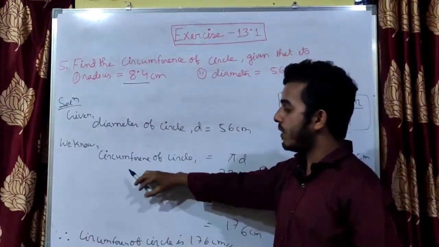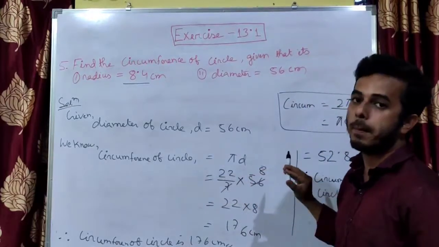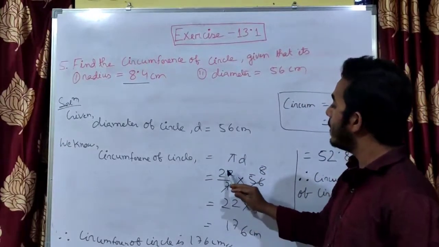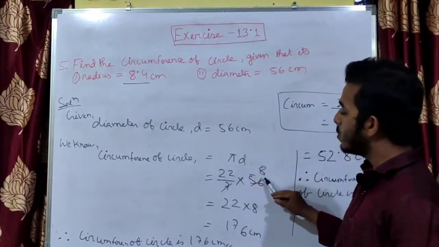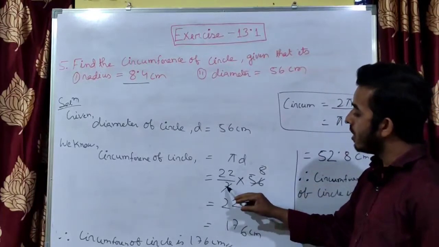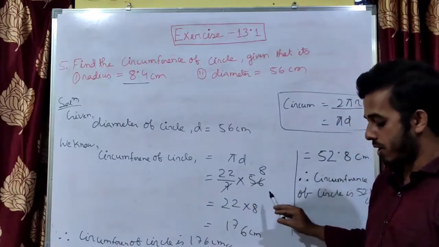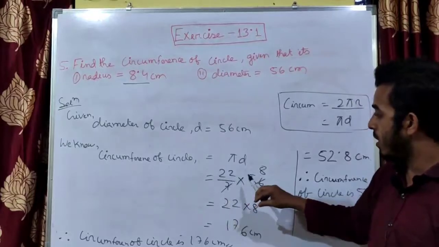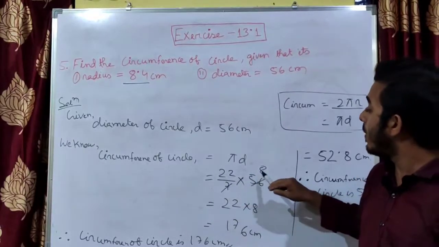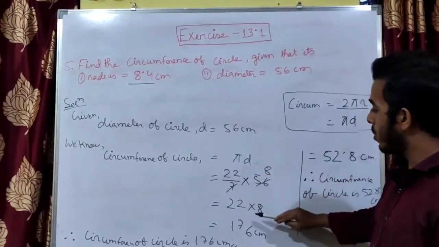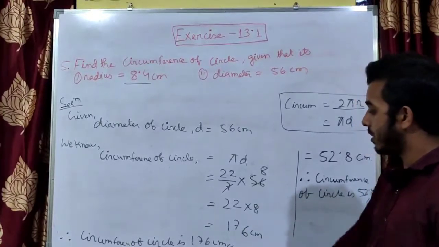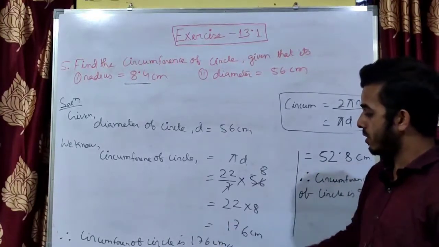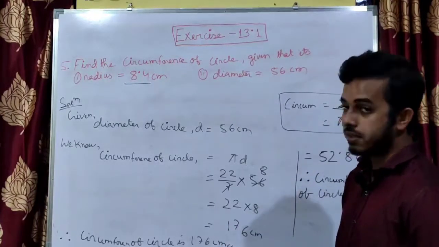Now we know circumference of circle equals pi d. In place of pi we have written 22 by 7 and diameter is 56. Then we cancel this denominator with numerator. So 56 divided by 7 is 8. Then 22 into 8 is 176 centimeter. Therefore, circumference of the circle is 176 centimeter.